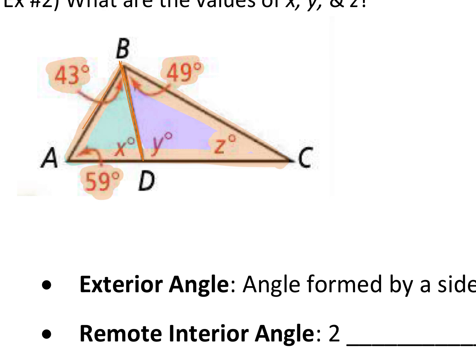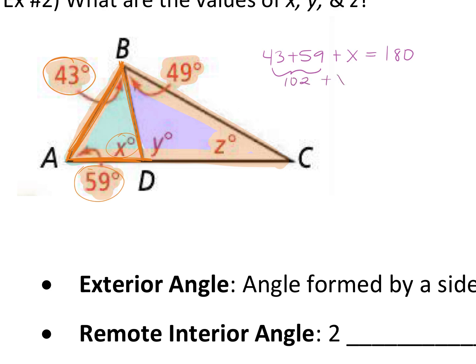If we're going to start with x, we're looking at this triangle. What are the three angle measures of that triangle? 43, 59, and x, right? And what do you know about the three angles of a triangle? They equal 180. So we're going to say 43 plus 59 plus x is equal to 180. Then we simplify this. So that is 102 plus x equals 180.